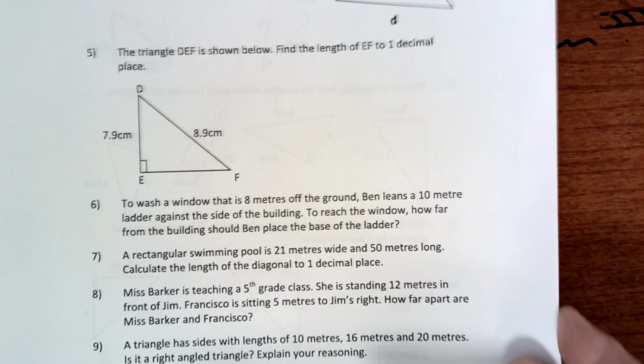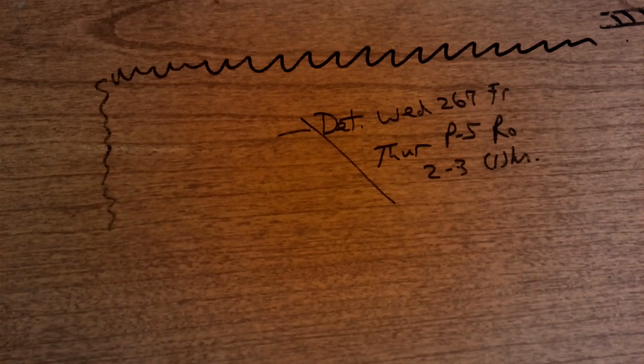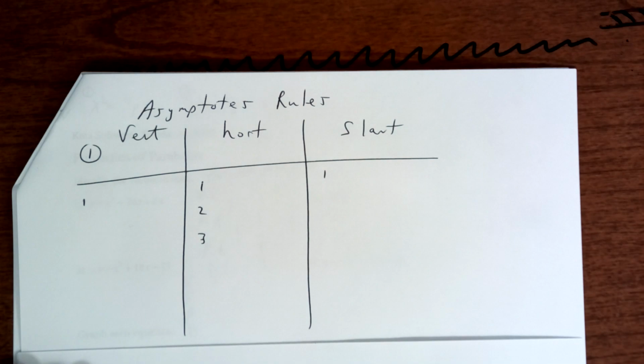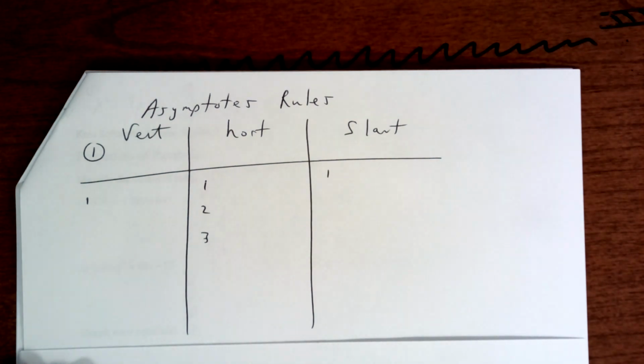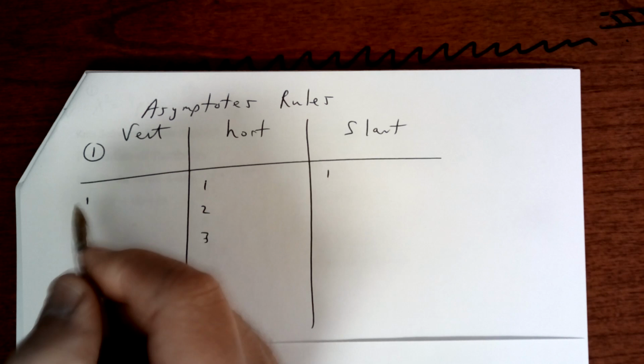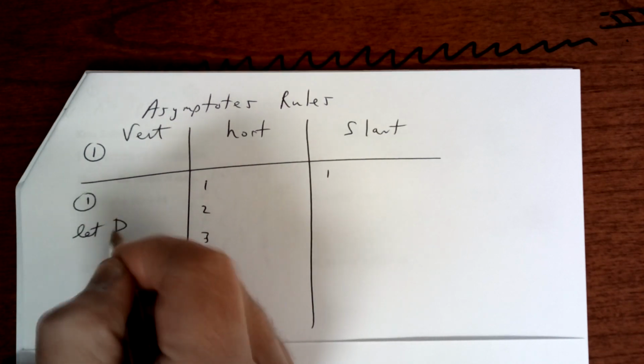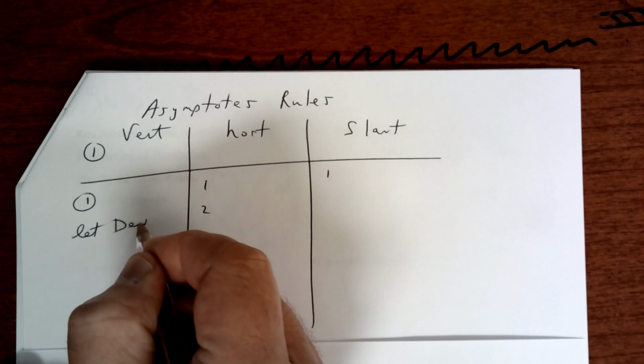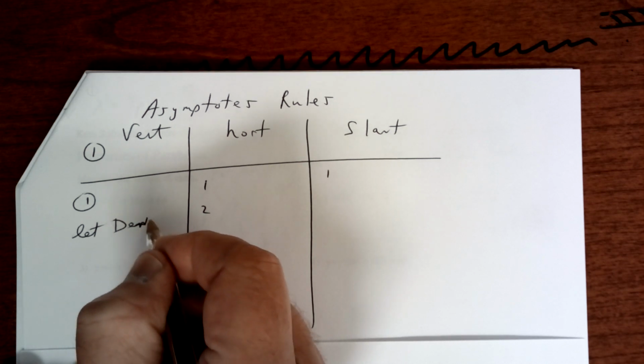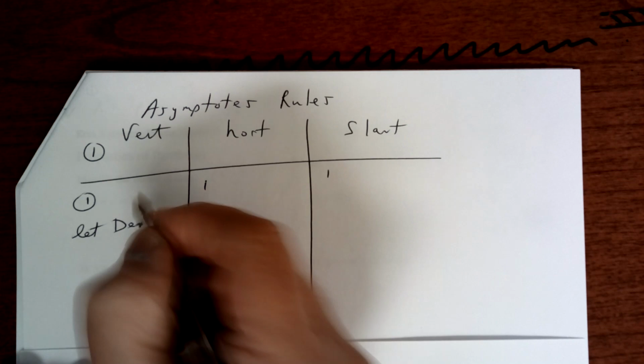All right, let's turn our attention now to college algebra. And for college algebra, I want you to fill that chart in. So to find the vertical asymptotes, you let the denominator equal 0. The denominator. Okay?